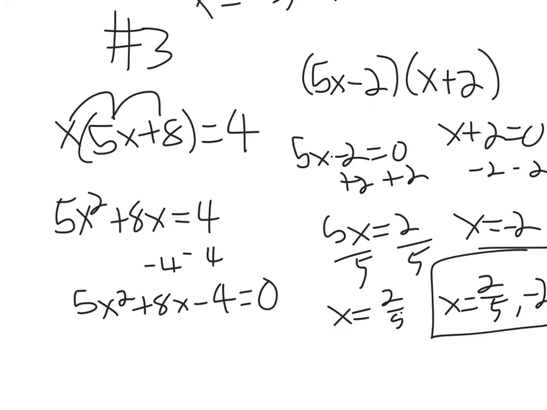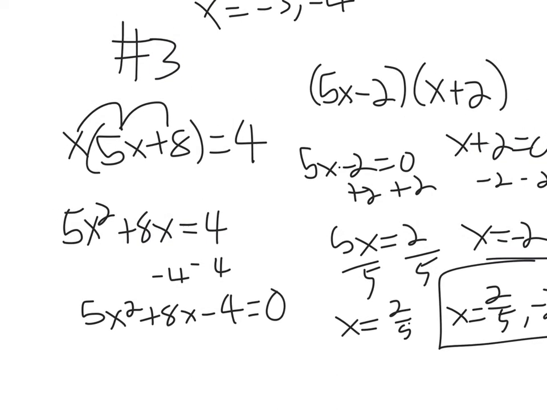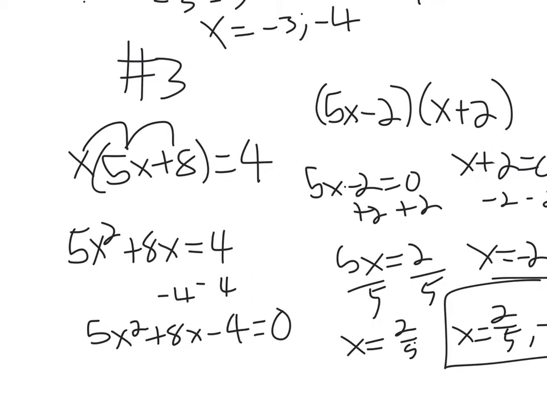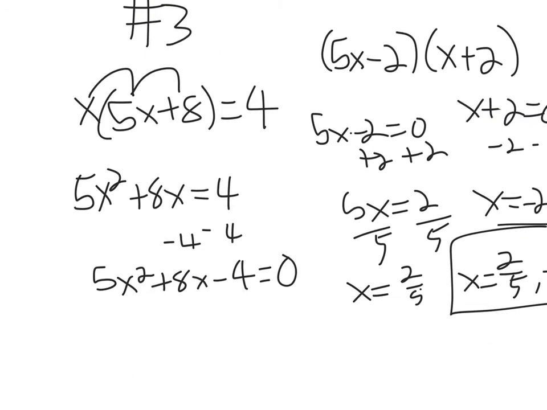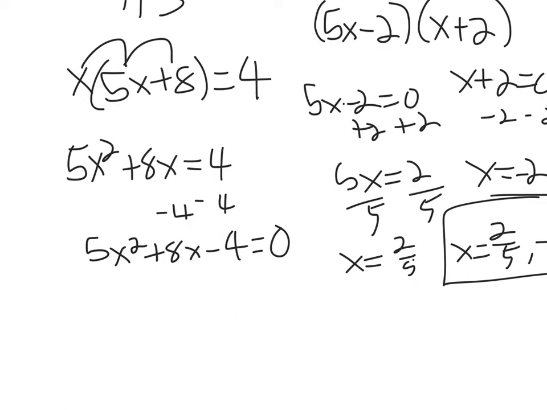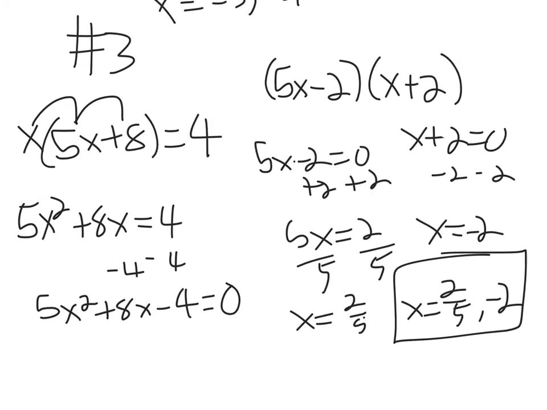And for problem number 3, it's x times 5x plus 8 equals 4. So you distribute the x to 5x and 8. You get 5x squared plus 8x equals 4. Then you would take the 4, move it over to the left side, and then you would get 5x squared plus 8x minus 4 equals 0.